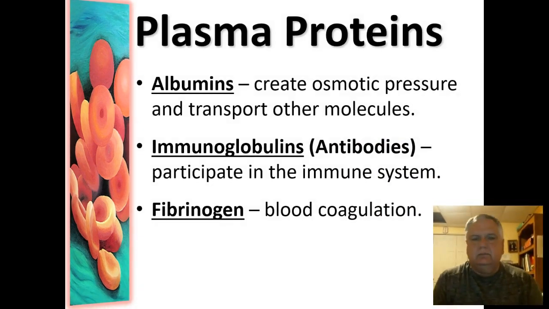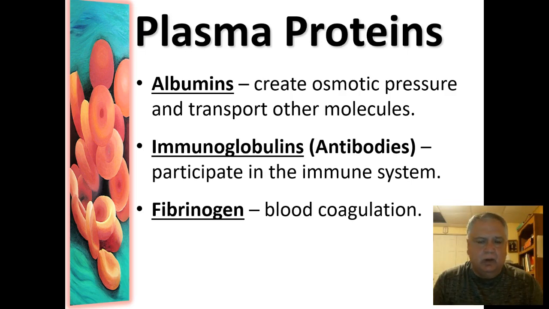All right, next up, there are many different proteins that are dissolved in the plasma of the blood, but we want to focus here on three important ones that we'll be talking about not only here in our PowerPoint on the blood, but that will become important in other body systems we talk about as well. One of them is albumins.